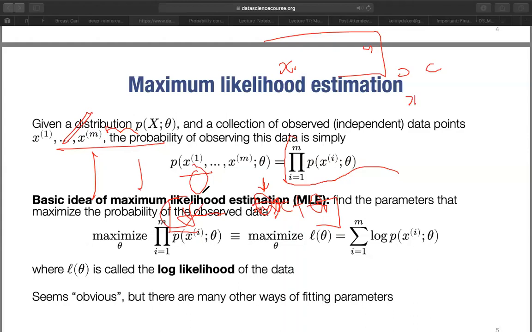It's a similar thing in maximum likelihood. In maximum likelihood estimation, you're trying to find the parameters of the distribution such that it maximizes the probability of you getting a correct prediction.